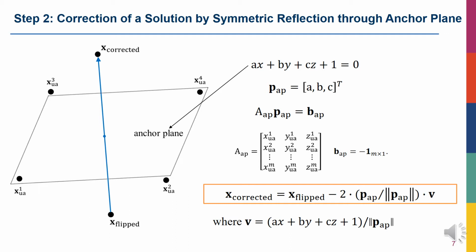The correction is performed by symmetrically reflecting X flipped with respect to the anchor plane. First, we find the plane equation using current anchor positions and then calculate the distance between the flip solution and the plane. By subtracting the distance twice in the plane vector direction, we can achieve the corrected solution.